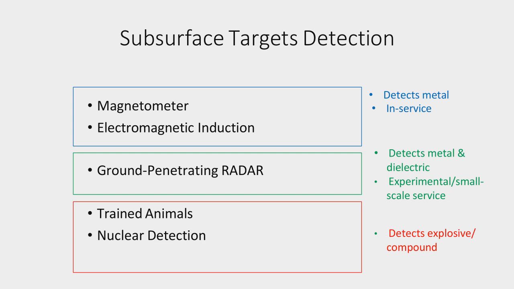Ground penetrating radars are not in everyday service for detecting these explosive hazards, mainly due to the false alarm rate. Then we have animals that we use for detecting these explosive hazards. And then we have nuclear detection systems that are still in labs or being developed as we are talking.